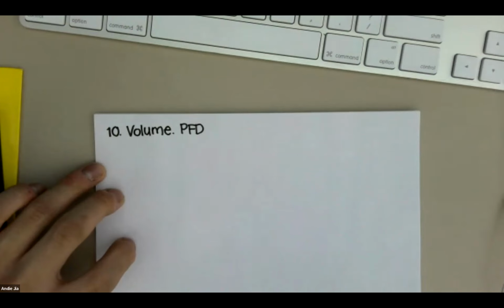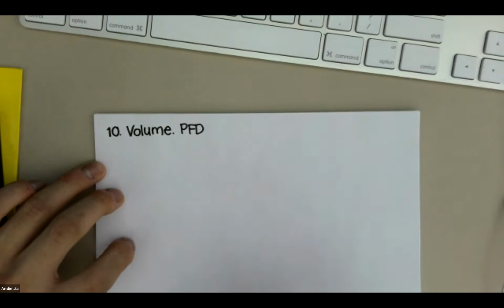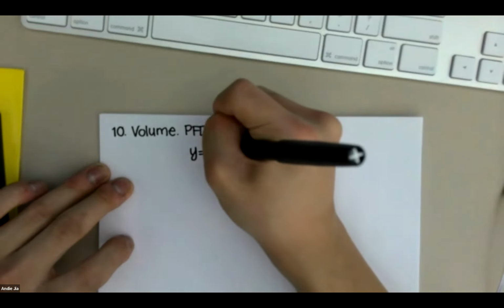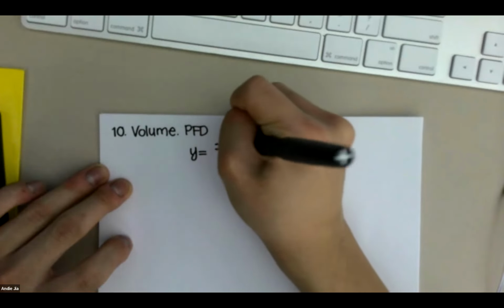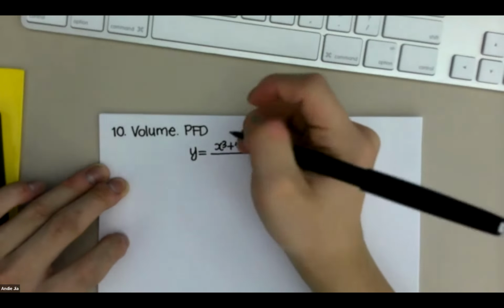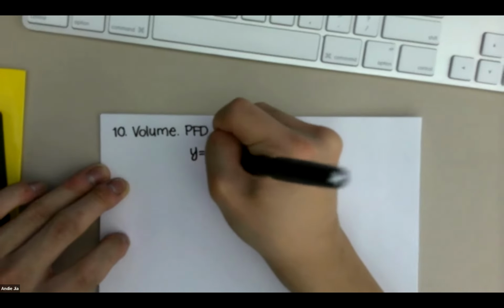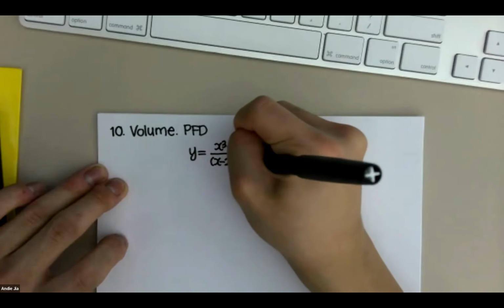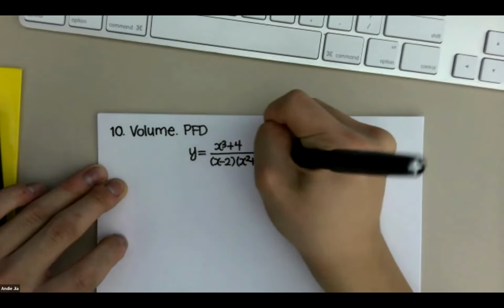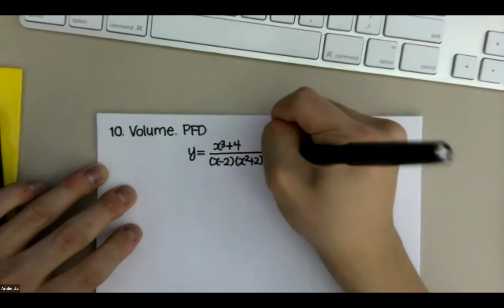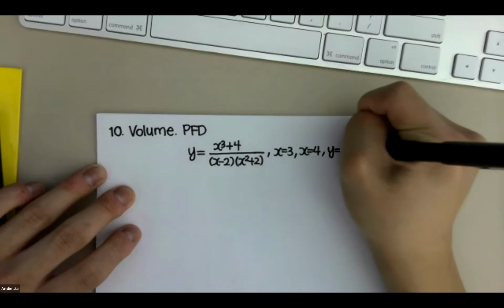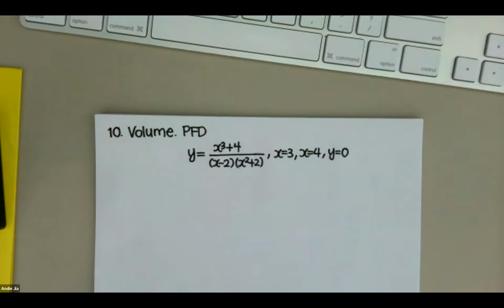Okay, now let's do this. Say there's a region bounded by the curve y equals 2x cubed plus 4 over x minus 2, then x plus 2, and x equals 3, x equals 4, y equals 0.